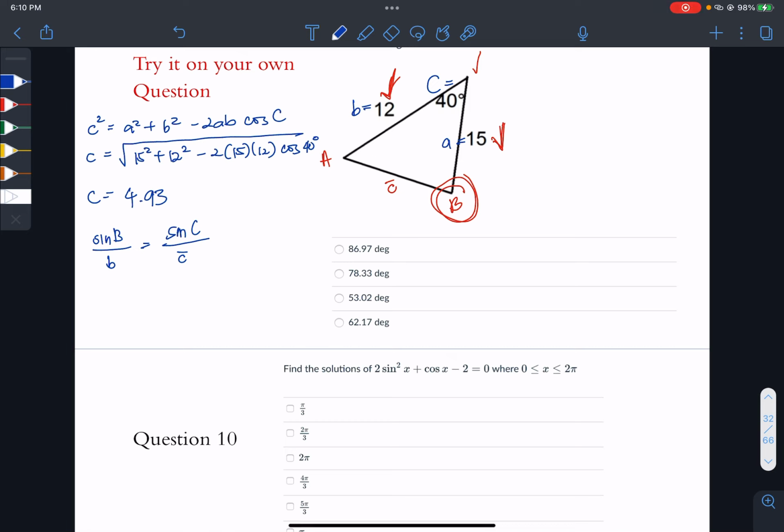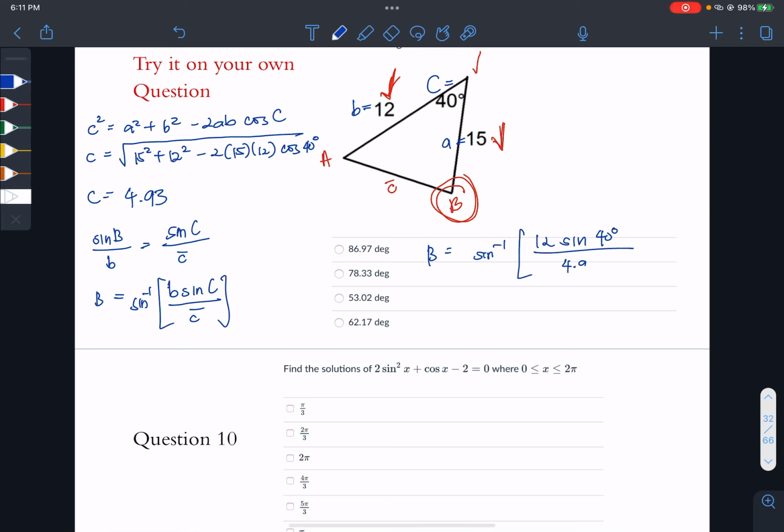And then we have nahanap natin is B. So B would be equal to inverse sine of B sine C all over C. So B would be equivalent to inverse sine of 12 sine 40, divided with 4.93.